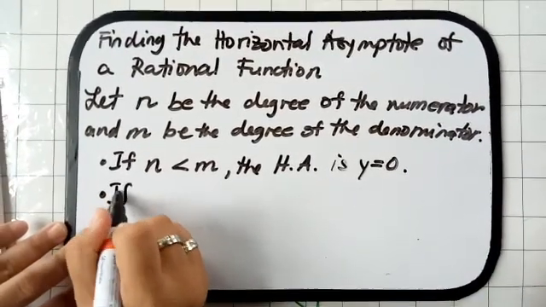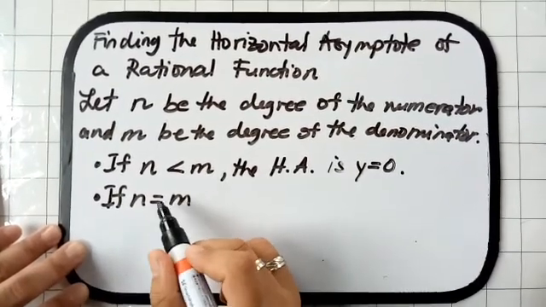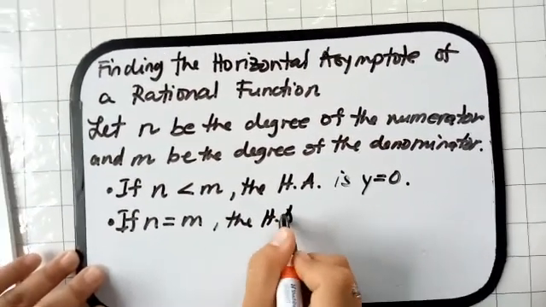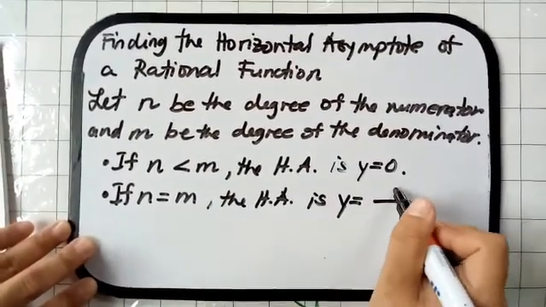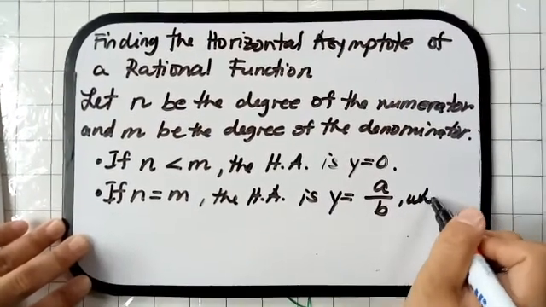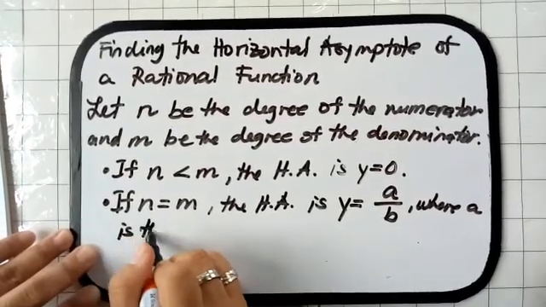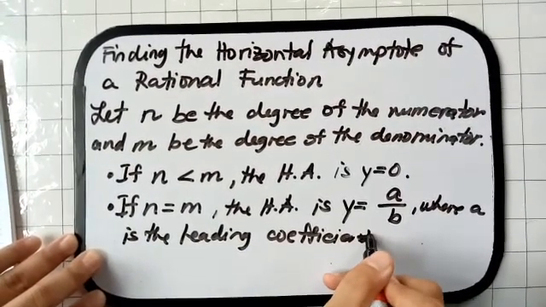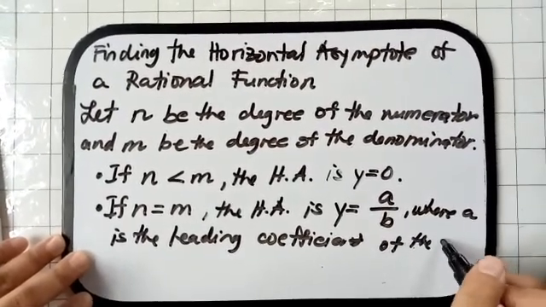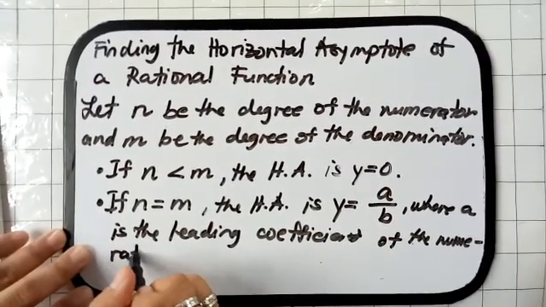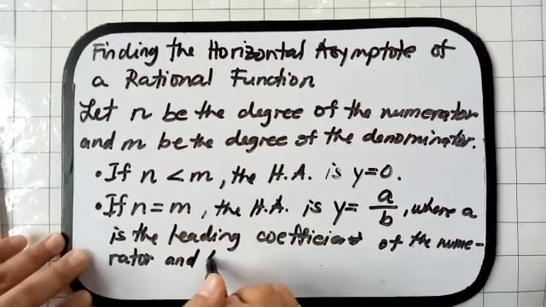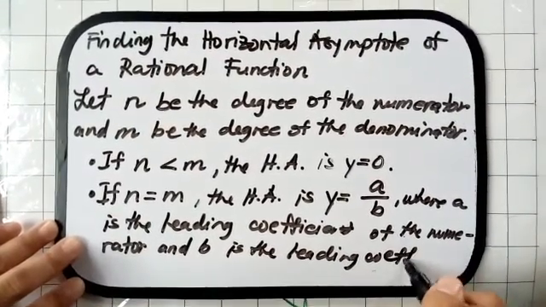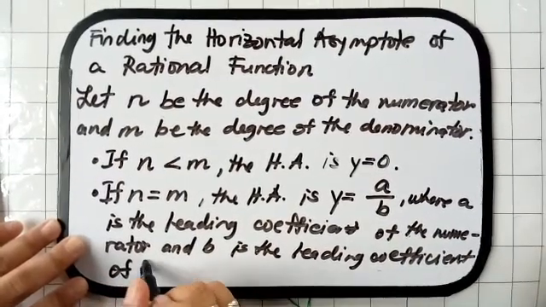Case number 2, if n is equal to m, or the degree of the numerator is equal to the degree of the denominator, the horizontal asymptote is y equals a over b, where a is the leading coefficient of the numerator and b is the leading coefficient of the denominator.